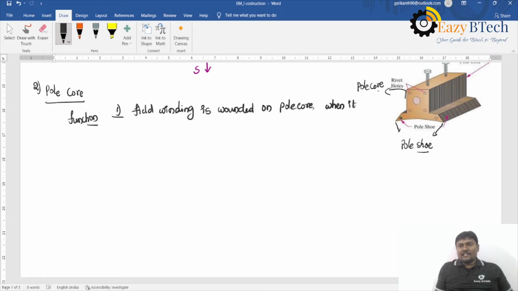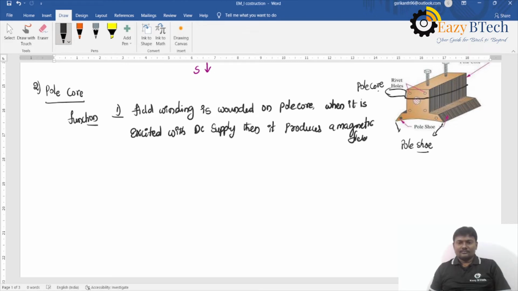When it is excited with the DC supply, it produces a magnetic field.